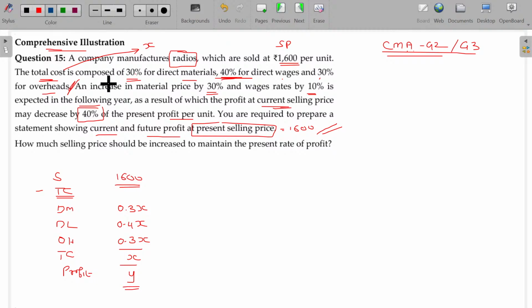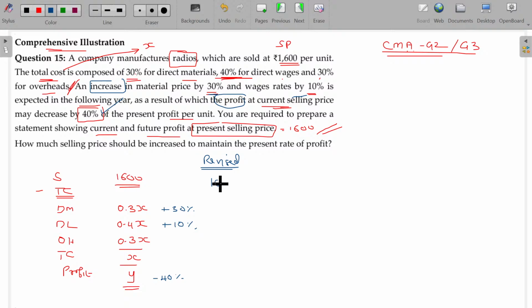In case of revision in the coming year, material cost increases by 30%. Wage rate increases by 10%. Because these two increase, the profit at the current sale price, the same 1600, decreases by 40%. Now revised.